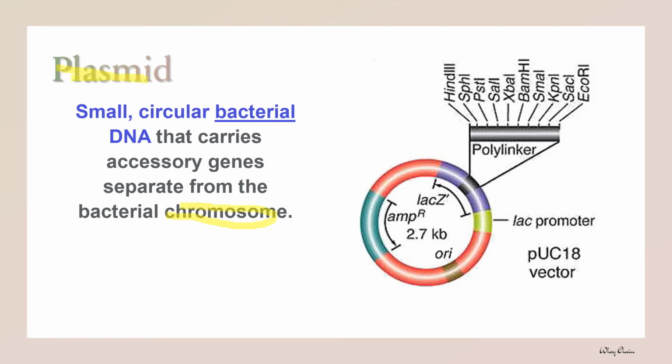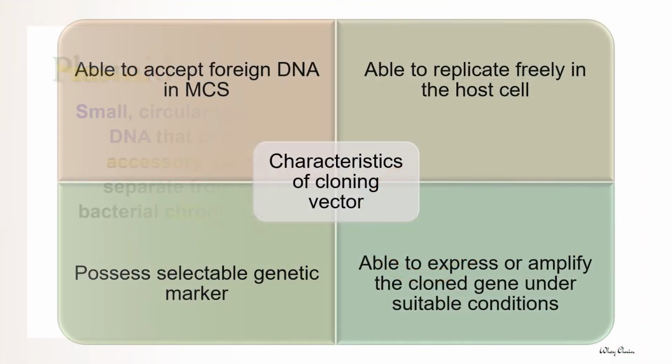So the popular example of a plasmid used as a cloning vector is pUC18, which carries the accessory genes, meaning the genes for ampicillin resistance and also the lacZ gene here. A plasmid from a particular species of bacteria can be used as a cloning vector because it has all four main characteristics.